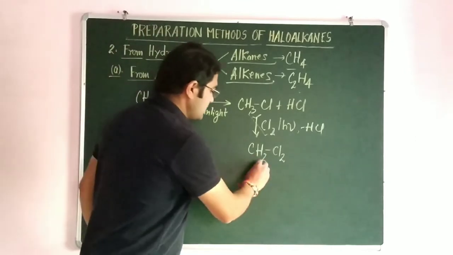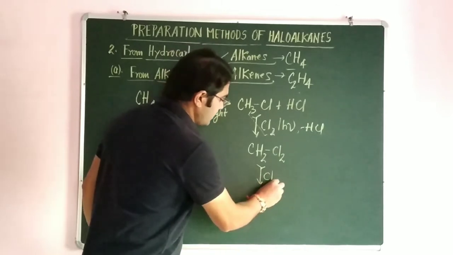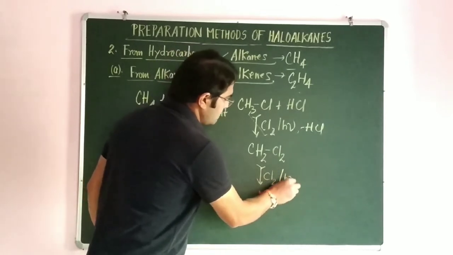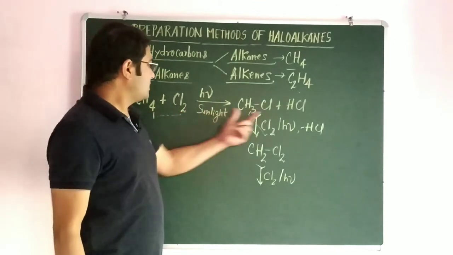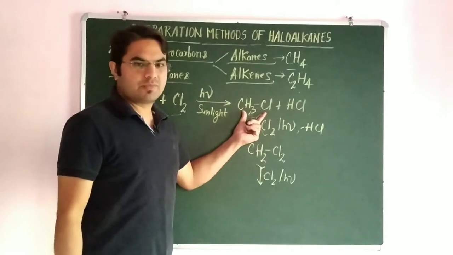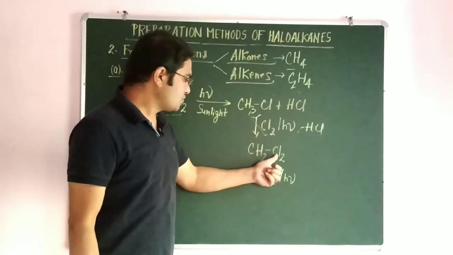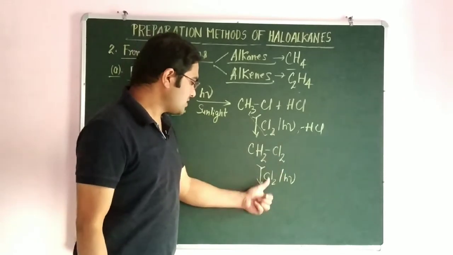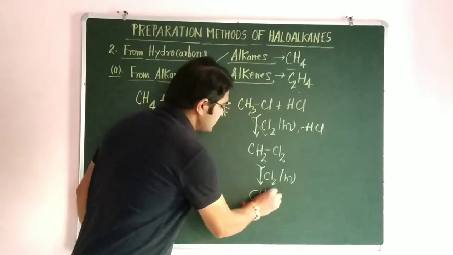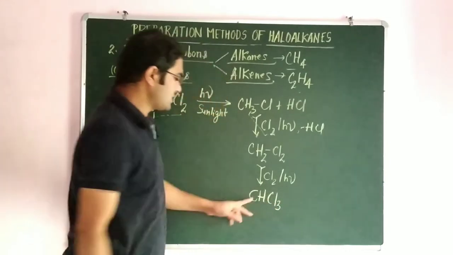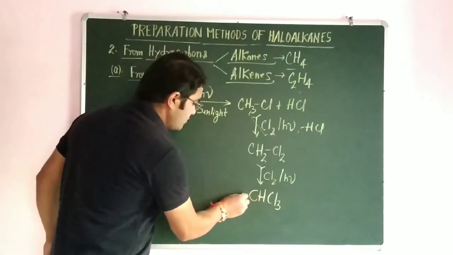Then further halogenation takes place and it gives trichloro derivatives. This reaction gives a single product, monohalogenated product CH3Cl, then CH2Cl2, and further chlorination replaces one hydrogen and forms CHCl3, chloroform, which is a very famous compound, a trichloro derivative, with one hydrogen left.